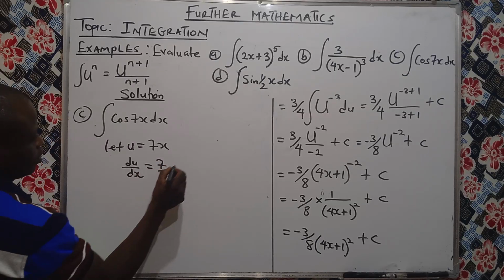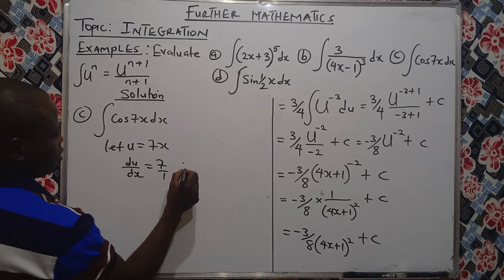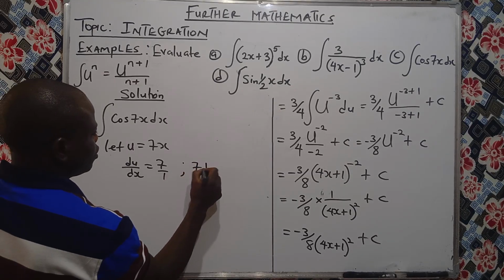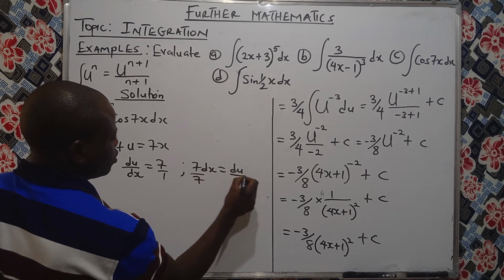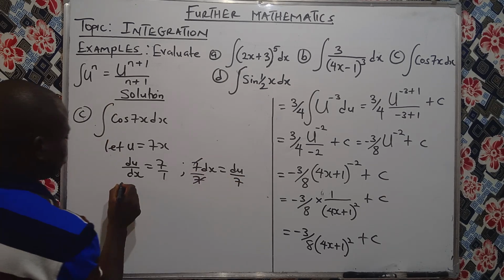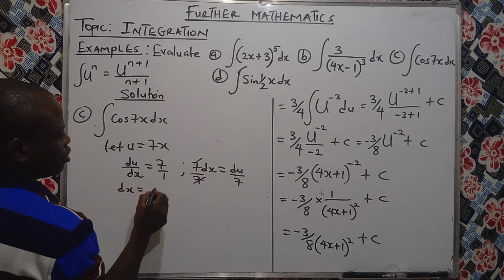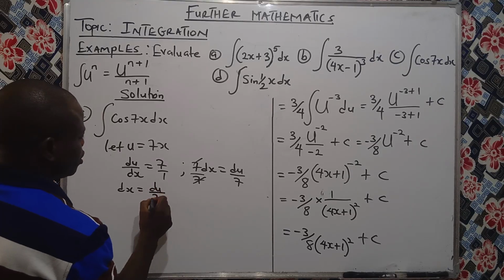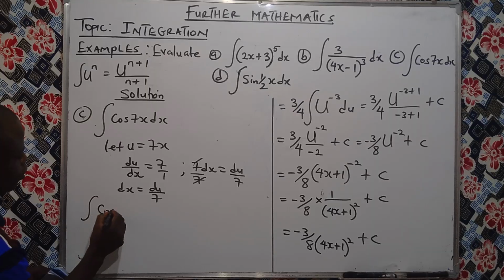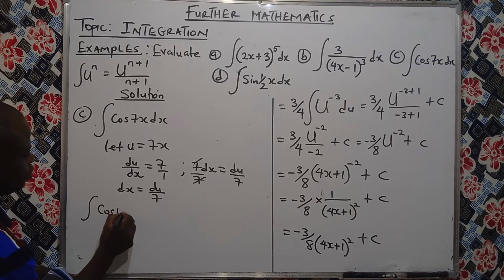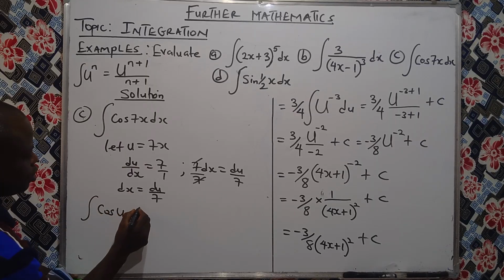That's 7 over 1. Let's cross multiply. We have 7 dx equals du. Divide both sides by 7. 7 cancels 7. dx equals du over 7. Now let's replace it. Integral of cos u times du over 7.